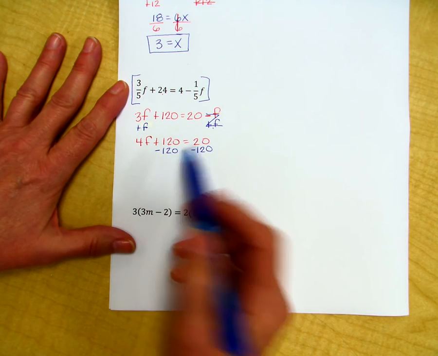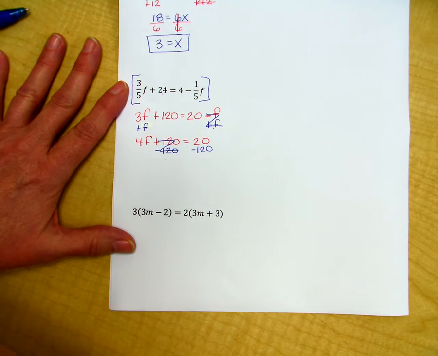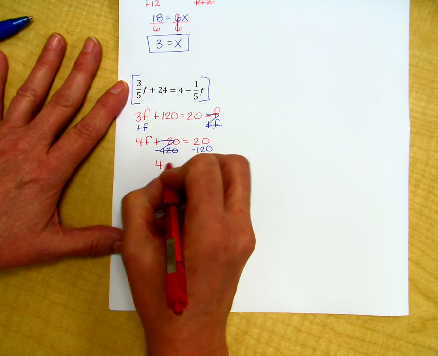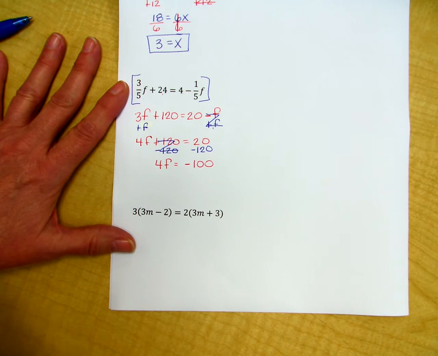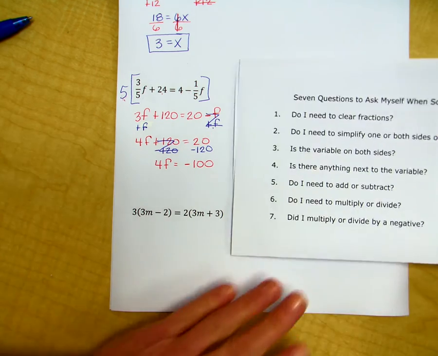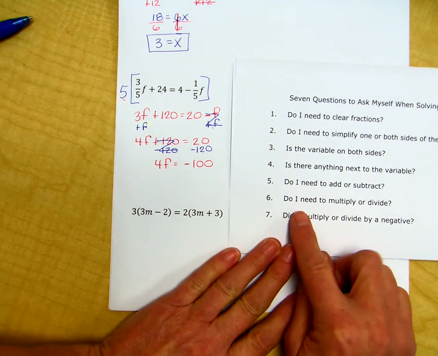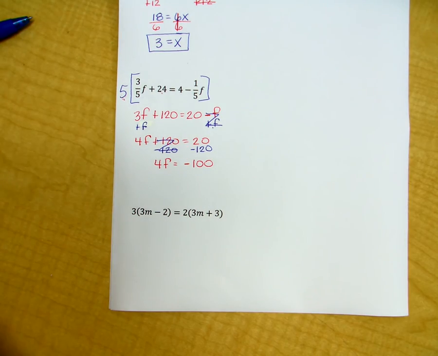Again, we have a 0 pair, a positive and a negative 120 make 0. So we end up with 4f equals negative 100. So we still don't have the f completely by itself. It's being multiplied by 4. So do I need to multiply or divide to get rid of that 4? Indeed I do.